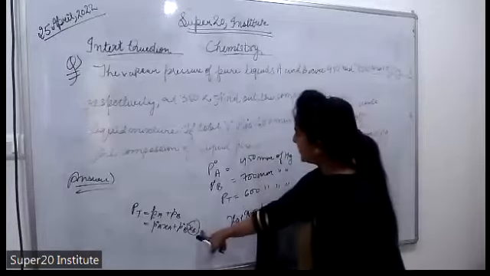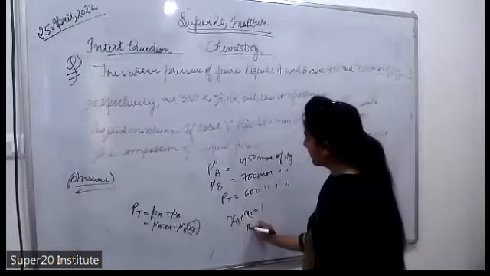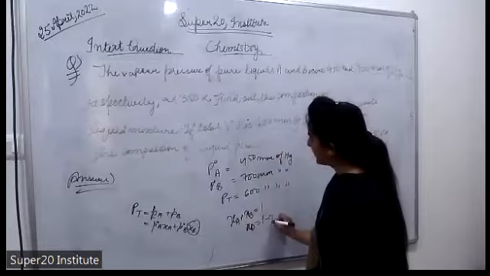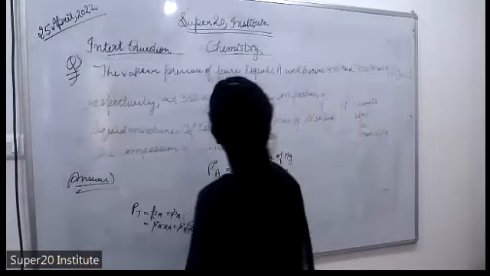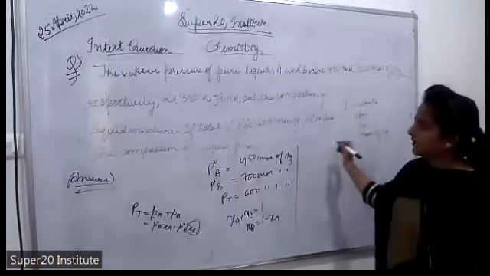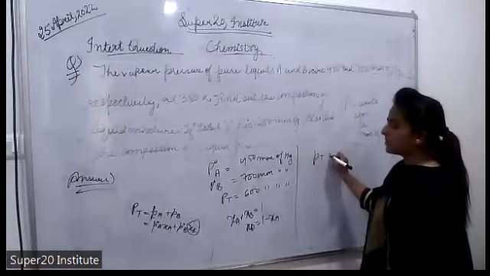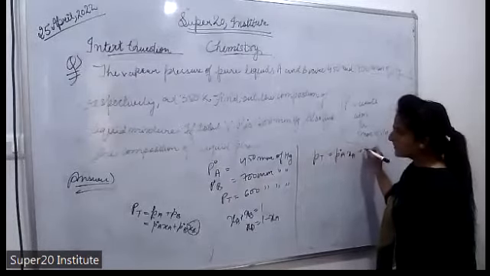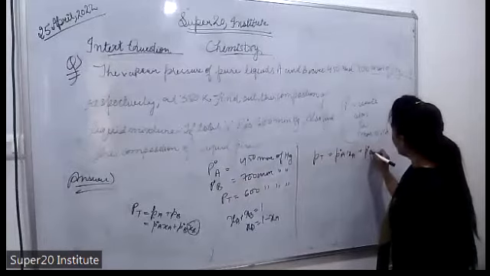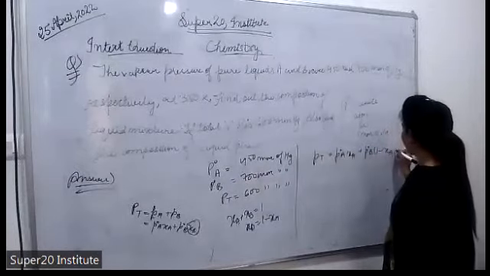So here we can convert this and calculate the value of chi B. Chi B will be equal to 1 minus chi A. So look here, P total will be equal to P naught A chi A plus P naught B into (1 minus chi A).